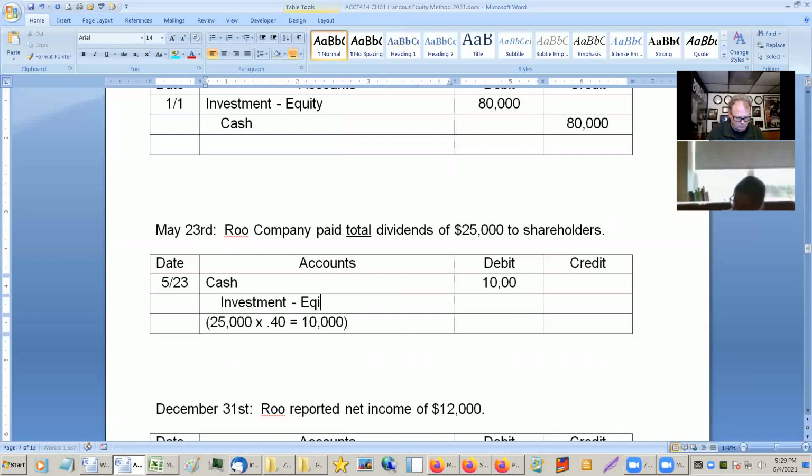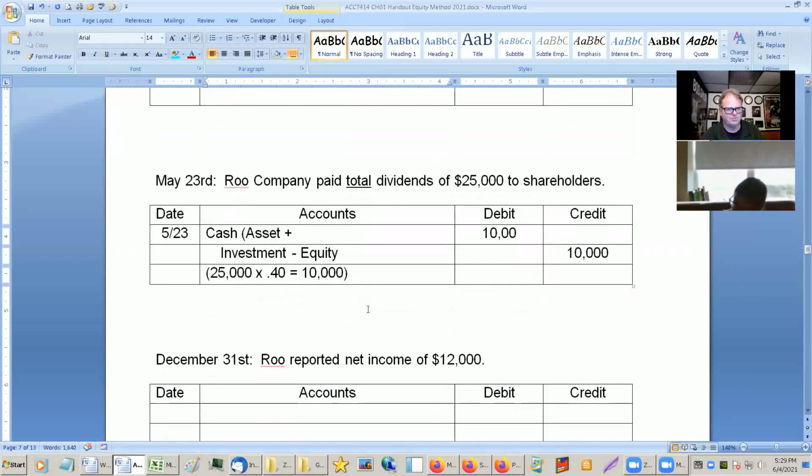Okay, so you would be debiting the investment equity 4,800, and then your equity income would go up 4,800. So it would be credited. Yep.